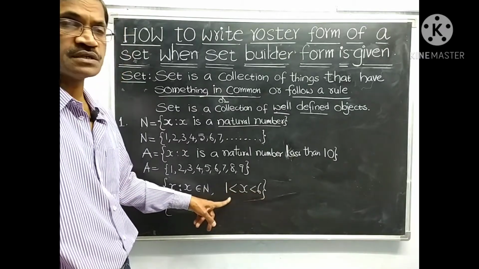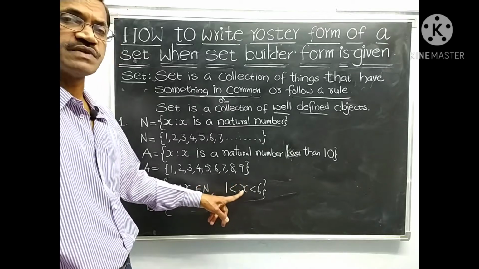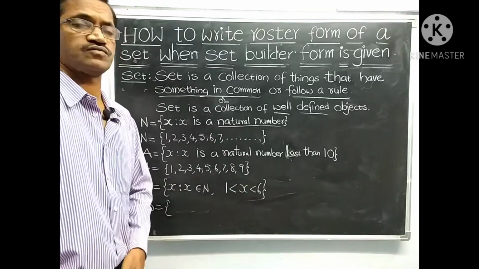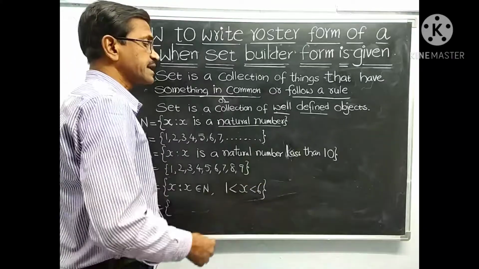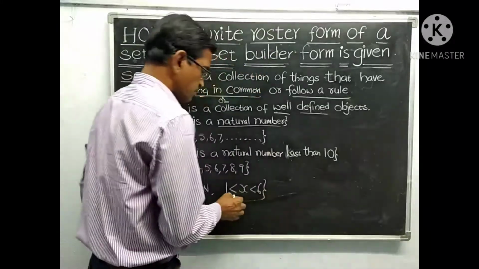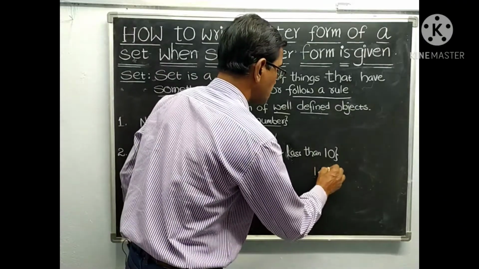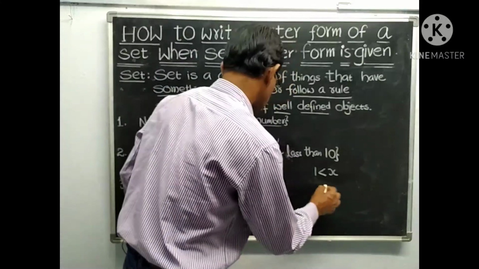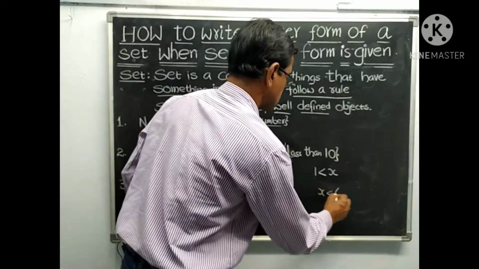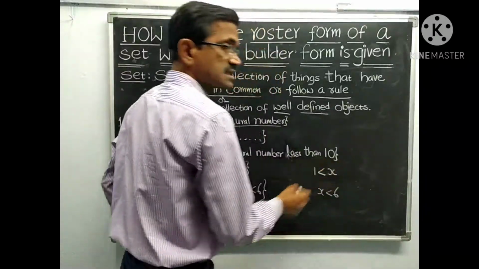This is an inequation. This represents that x lies between 1 and 6. How can we understand this? I will explain here. There are two inequations in this expression. First one, 1 less than x, and second one, x less than 6.